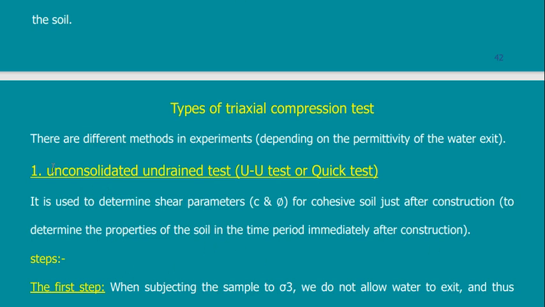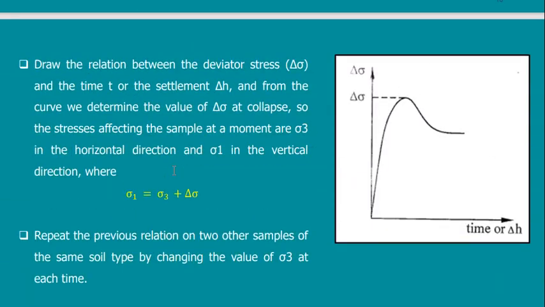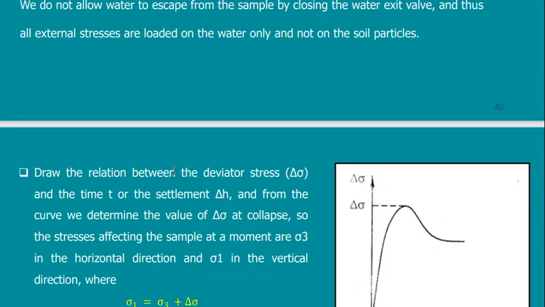It's either unconsolidated, undrained. Remember here that we spoke about opening the valve twice. One for the confining pressure, after putting the confining pressure, and allowing the sample to consolidate or the water to leave.